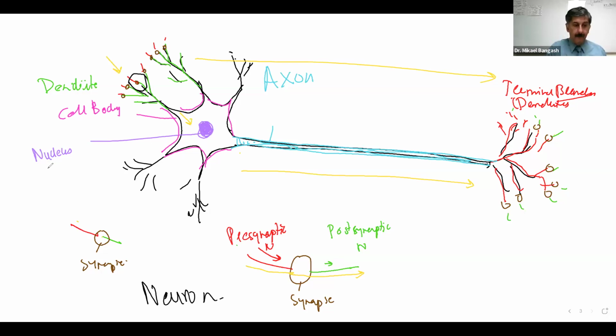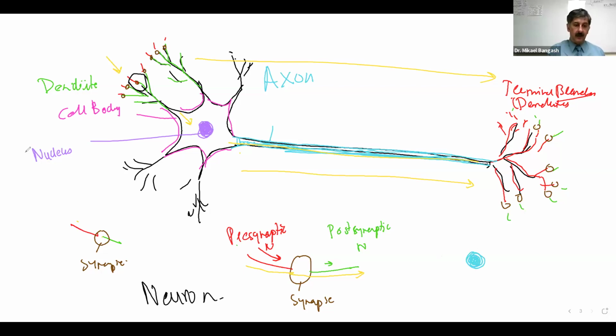Now, guys, you may just say, well, we just marked the axon, that tail-like structure of the neuron. But the nerve signal is not going to just slide down the tail like this. Because if we look at the axon, here we take a cross section of the axon.